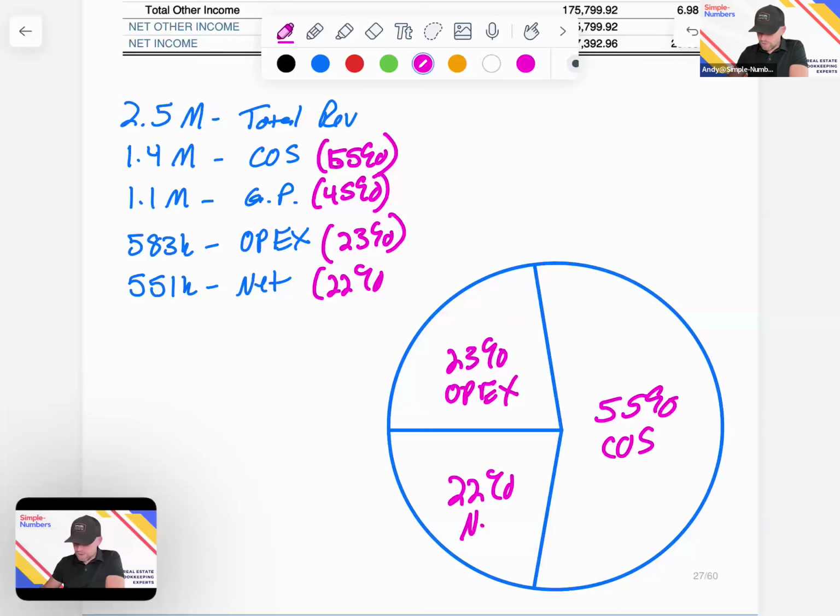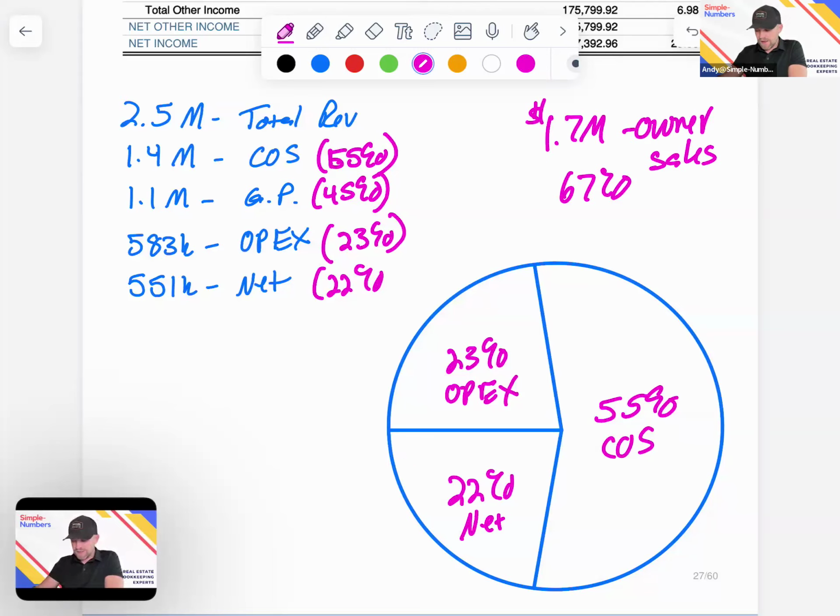So is that good or bad? Remember, I told you at the beginning of the call, we got to know how much the owner did. The owner did 1.7 million in their own production. That is 67%. So we made 22%, but yet the owner generated 67%.